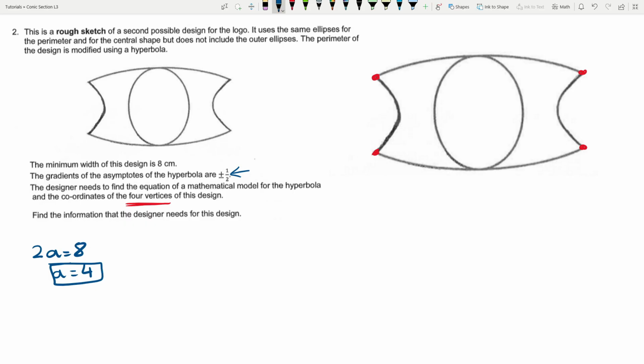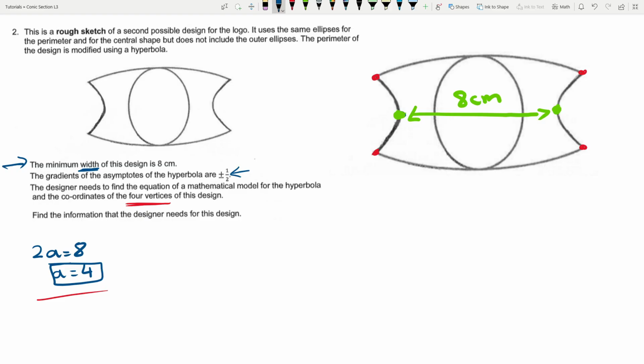We know this because the minimum width of the design is 8. So from here to here is the minimum width, which is 8 cm. That's great. We worked that out.